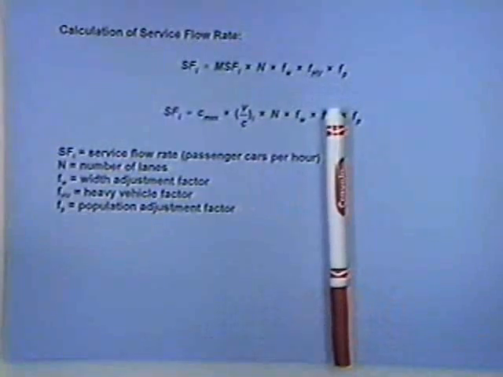Now, if you think about what we're doing, we're starting out with some ideal capacity, which would be up at this level, and then we're multiplying it by a set of factors that are not ideal. So we're really adjusting our ideal capacity downward.